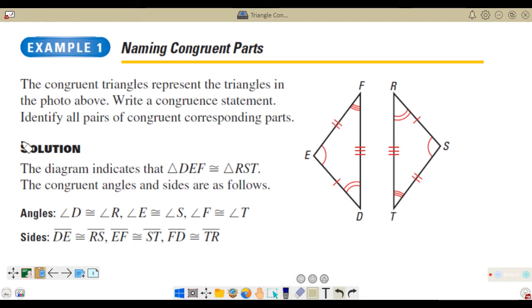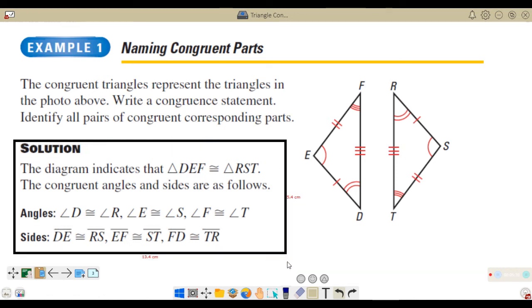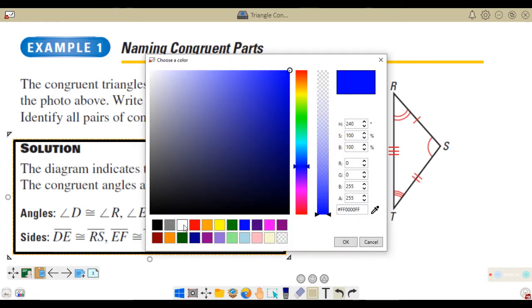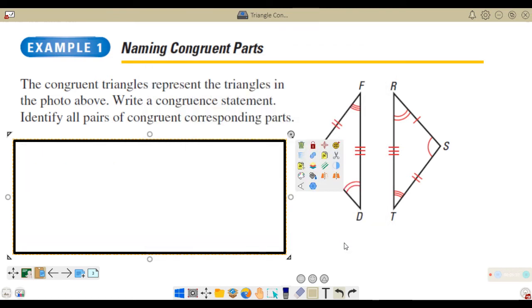Shown ka agad yung solution. So, tanggalin natin yung naka-show na solution dito. Kunyari, hindi natin siya alam. Ayan. So, gawa tayo ng congruent statement and i-identify natin yung congruent corresponding parts.